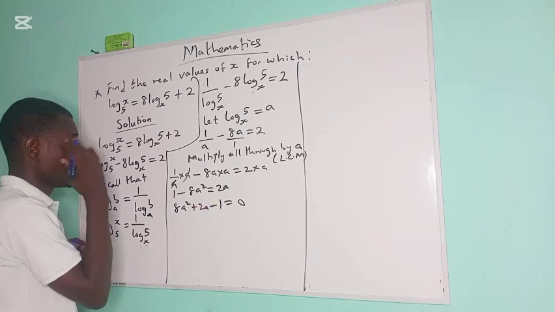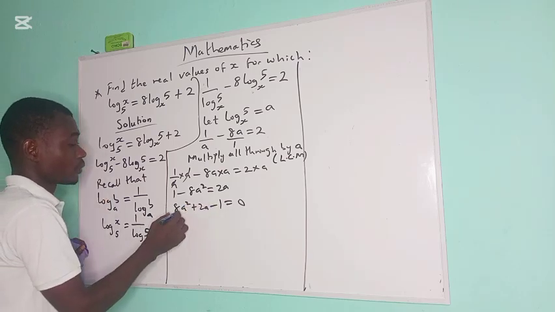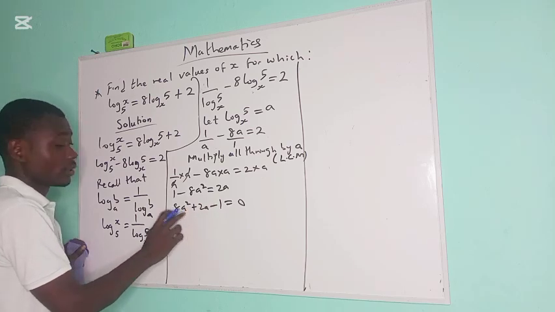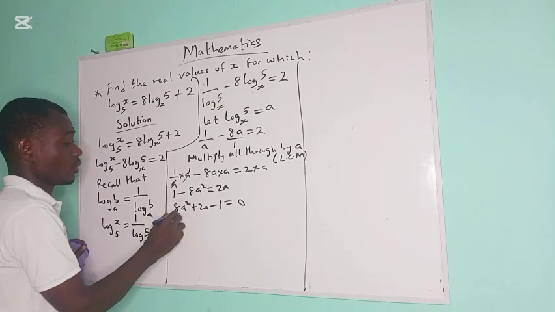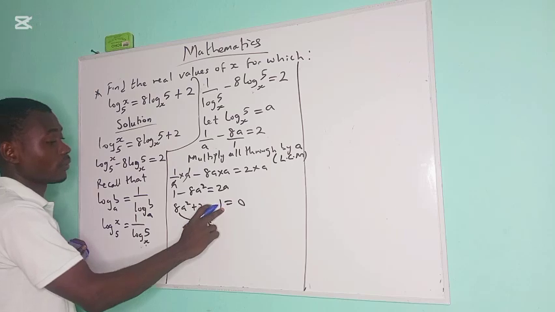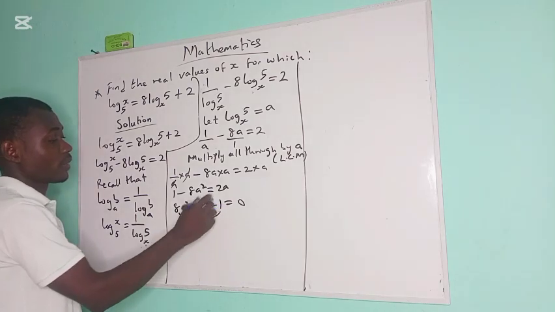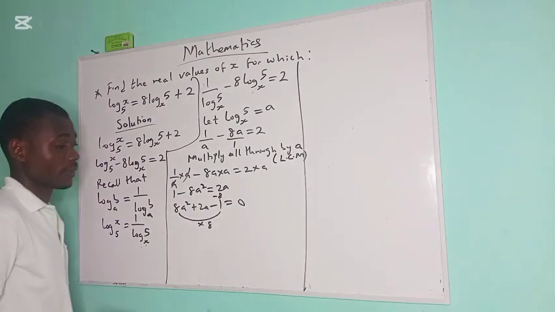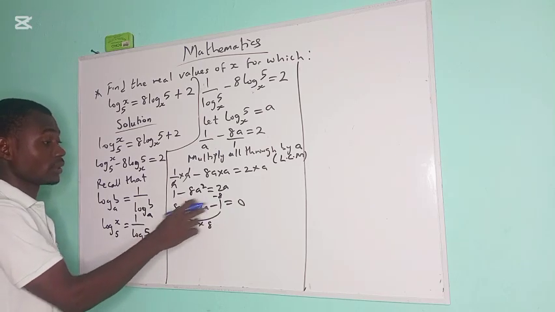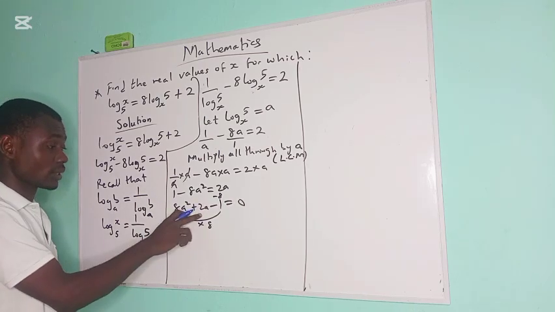So how do we do it? As we always do, you multiply the coefficient of a squared with the constant, and that will give you minus 8. This is the product side, this is the sum side.